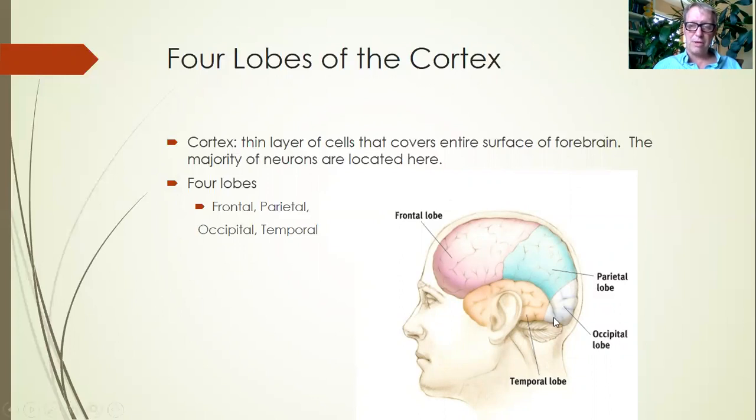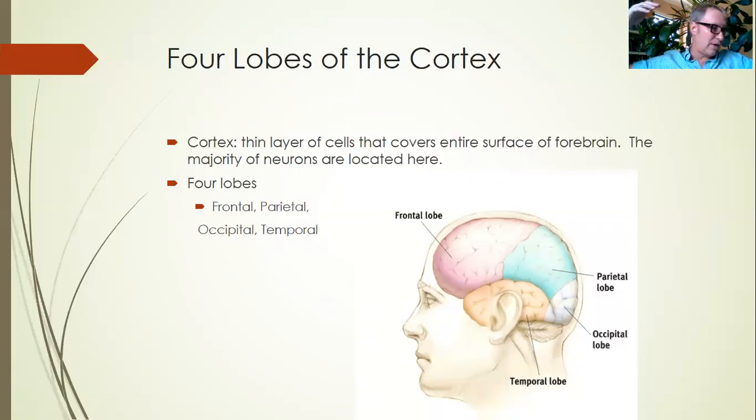The occipital lobe here in the back, it's strange that it's so far away from your eyes, but that's where visual information, so occipital, like binoculars, ocular, that processes all visual information. You can imagine some animals, like an eagle, have a huge occipital lobe because they're flying hundreds of feet in the air, and to survive, they have to see a little mouse in a field, and that's how they eat.